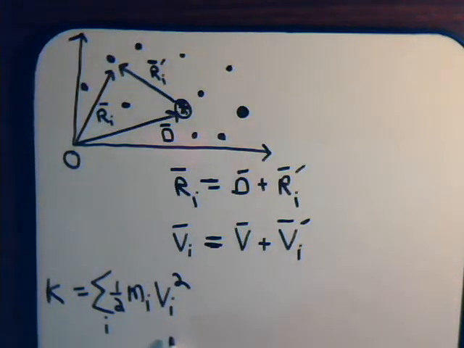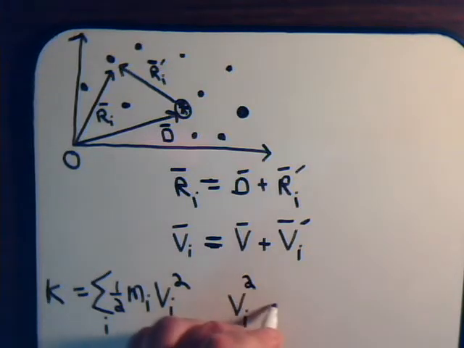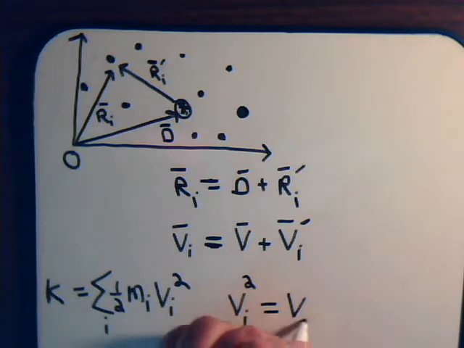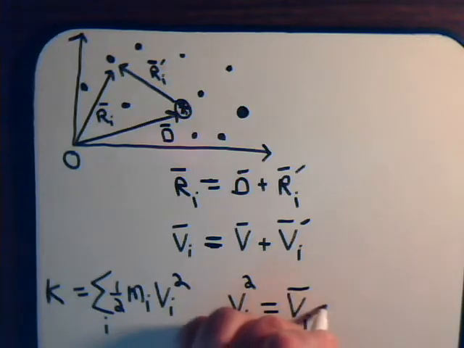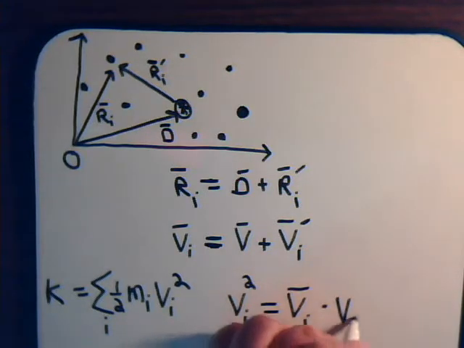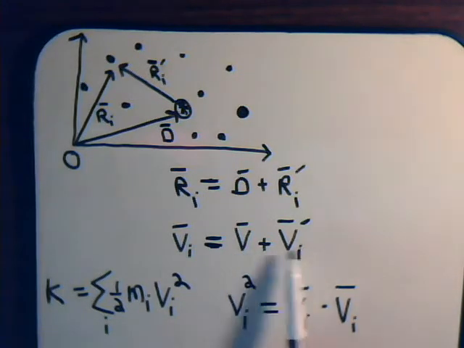Now this vi squared is the dot product of vi dot vi, but vi is this.